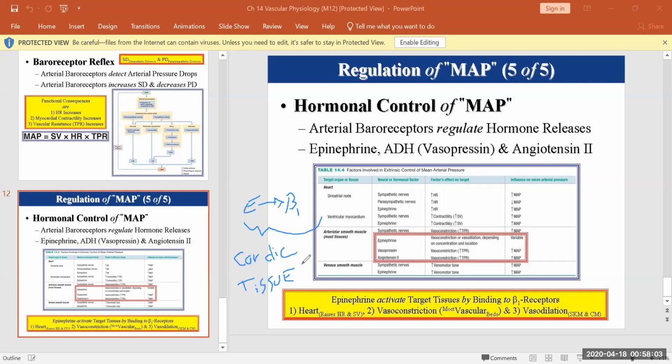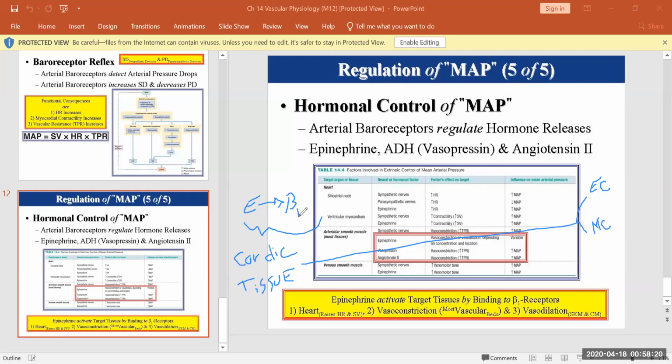When I say cardiac tissue, I'm talking about the electrical component of the heart, and I'm talking about the mechanical component of the heart.